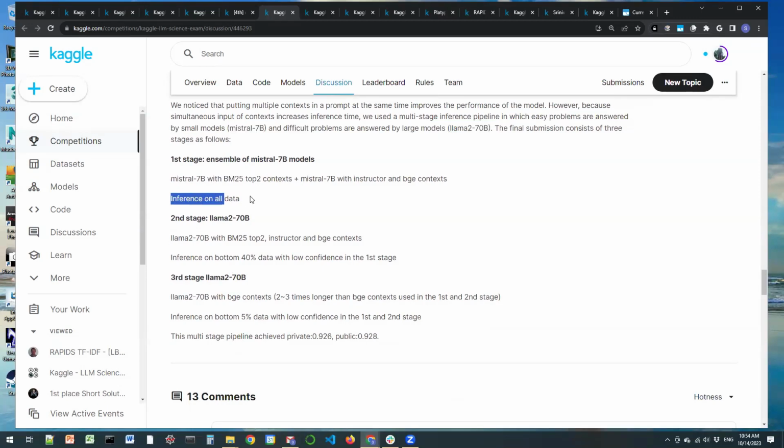Then run on all data in the first stage, inference on the bottom 40% confidence in the first stage, and inference on the bottom 5% with low confidence in the first and the second stage.